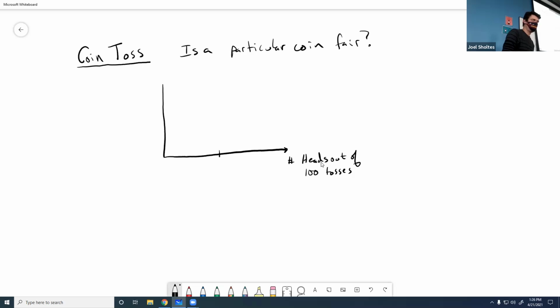If it is a fair coin, then we'd expect to get, on average, 50. Every time we do it, it's not going to be the same, but we'd expect to get 50 on average. We'll have some kind of distribution centered around 50. And this would represent a fair coin. So that would be our null hypothesis, right?